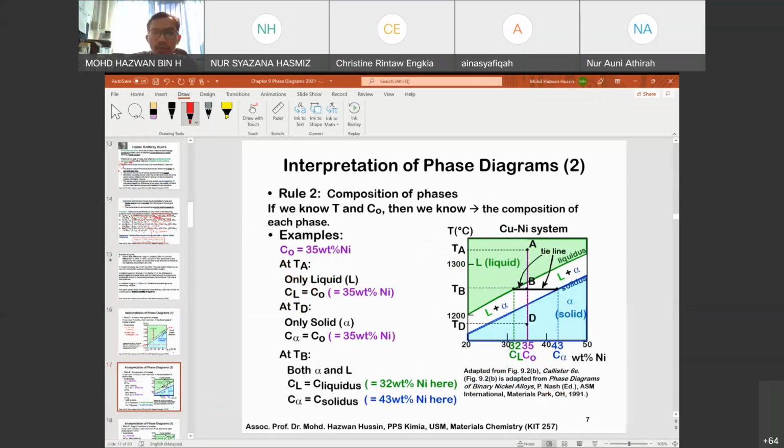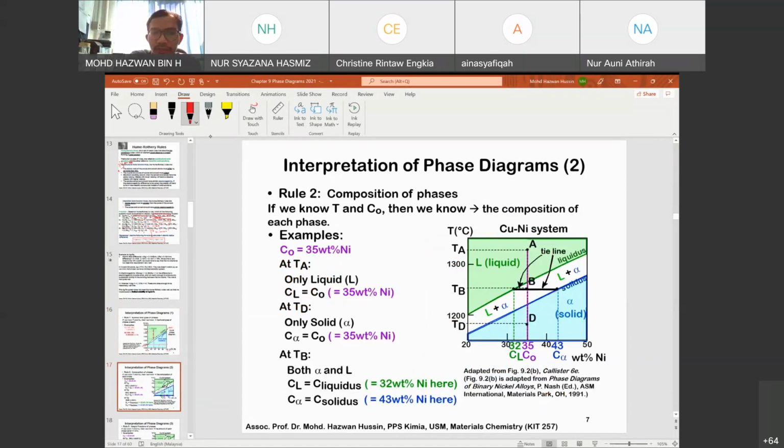So moving on to the next rule, the composition of phases. If we know the temperature and composition, then we will know the composition of each phase. This is actually quite easy.